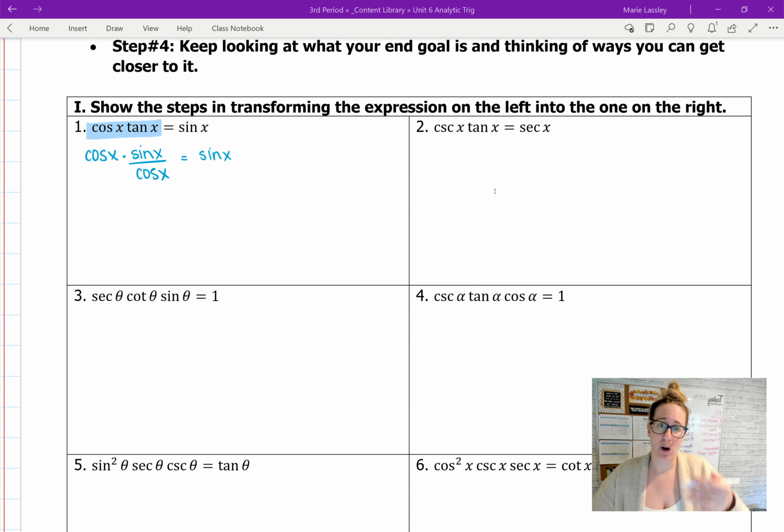We only want to work vertically, not horizontally, because things get lost that way. You either skip steps or you miss things, or Miss Lastly can't read your writing and it goes very awry. So we only do proofs vertically. If you do your proofs horizontally, you will lose points even if it's correct. So we want to stay vertical.